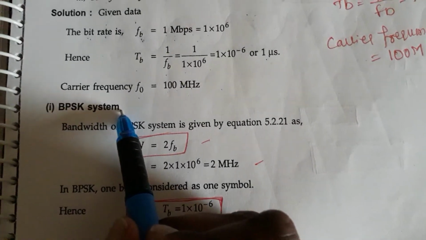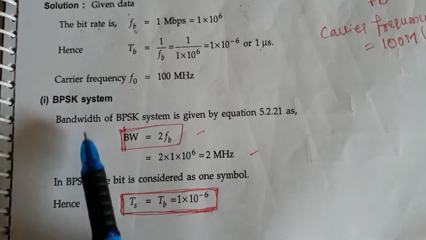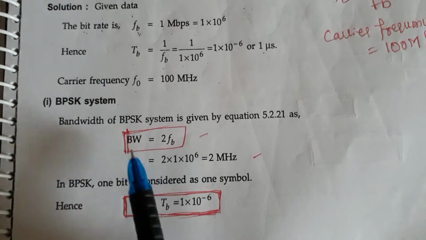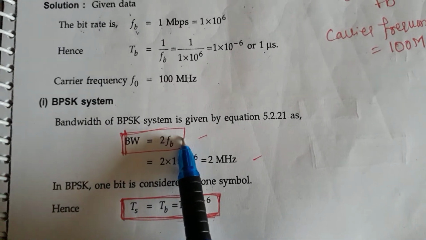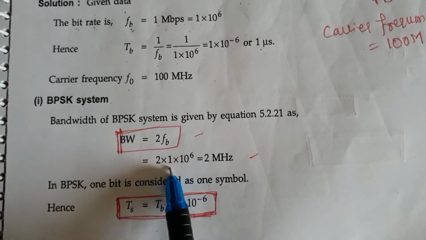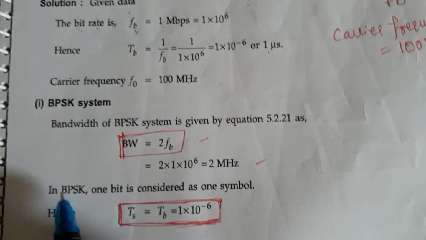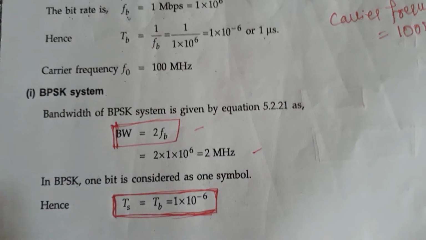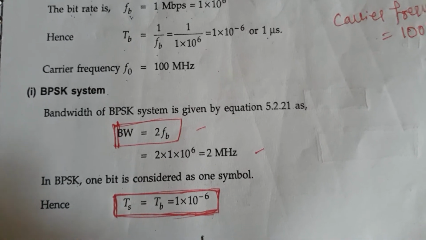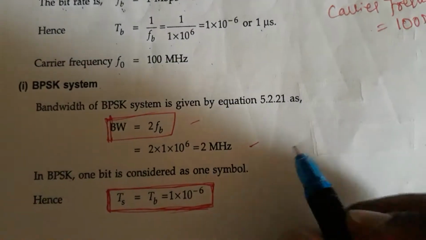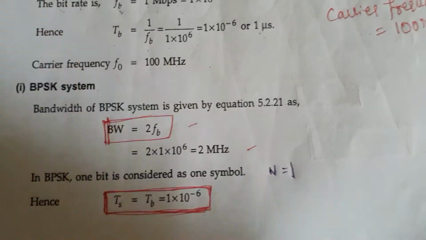Now, BPSK systems. So what happens? The bandwidth of the BPSK system is 2 into FB. 2 into FB is 1, 1 mega. So you will get this value. Now in BPSK, at a time one data is sent. That means N is equal to 1.